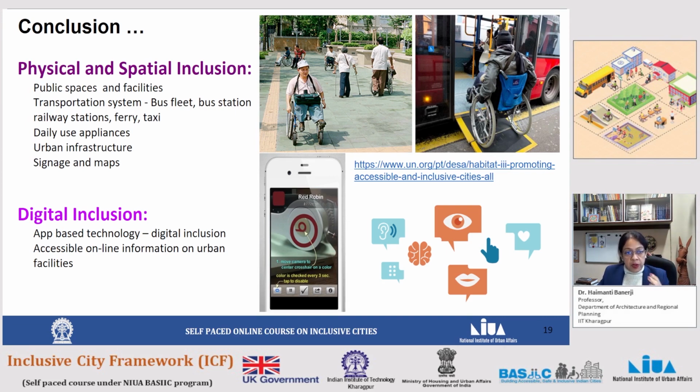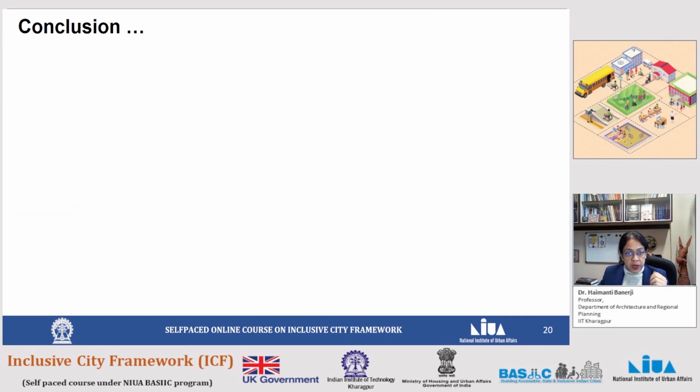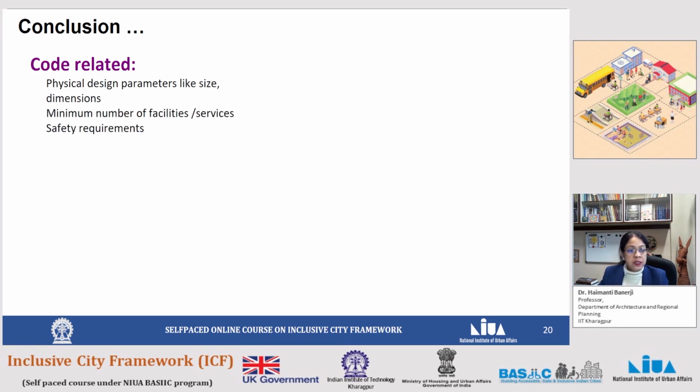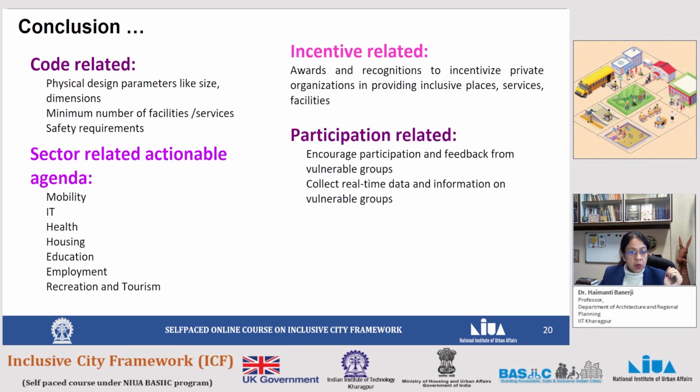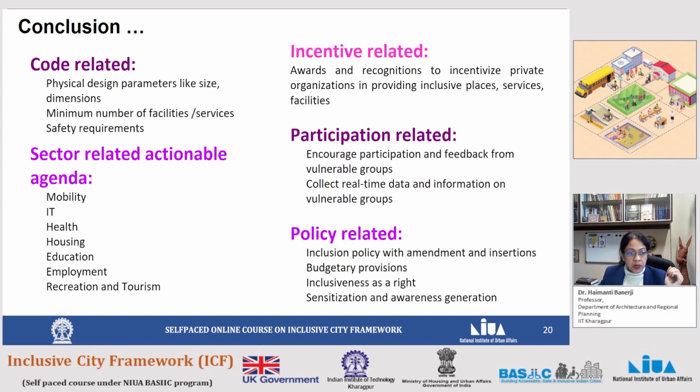There are some other important aspects which you also need to be aware of, and this course will help you in being aware of the codal provisions, national and international standards and guidelines, sector related actionable agenda, awards and recognitions to incentivize private organizations, mode of participation and engagement, budgeting, monitoring, and awareness generation methods.